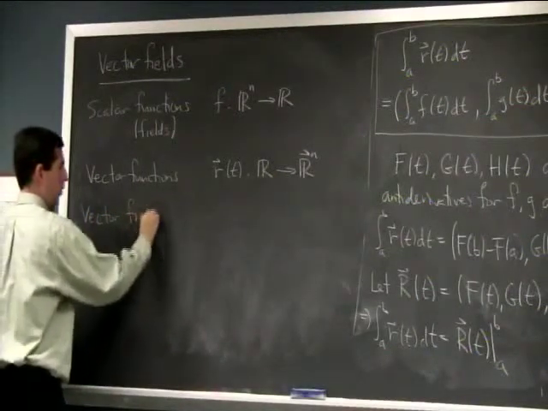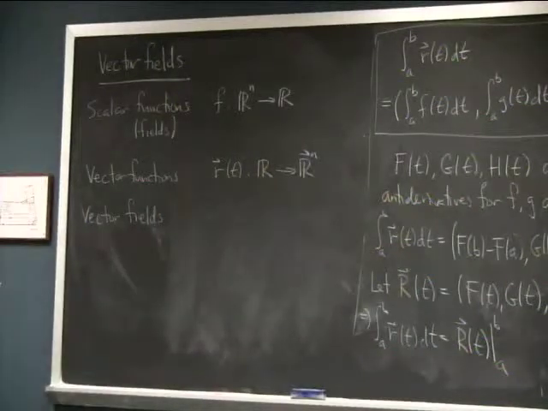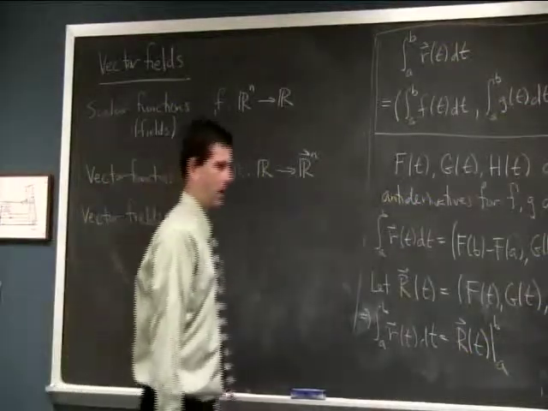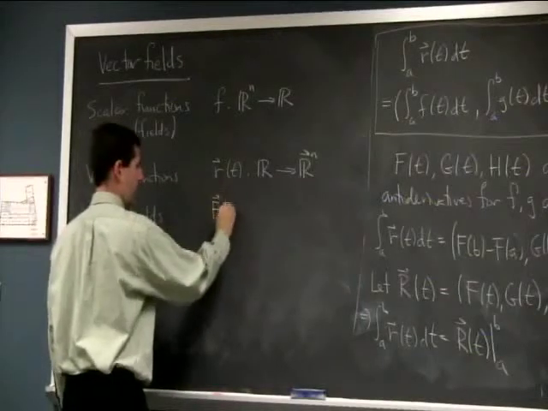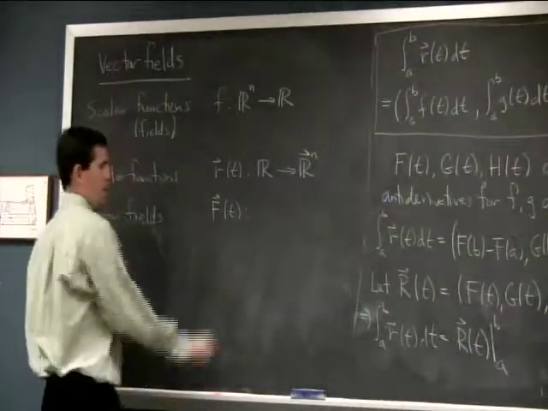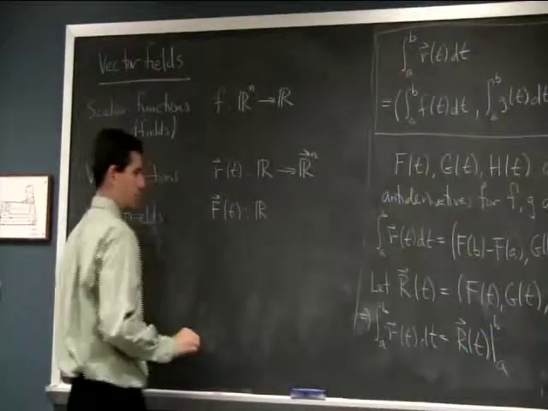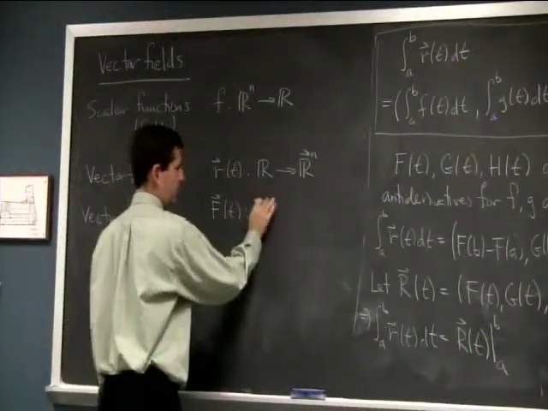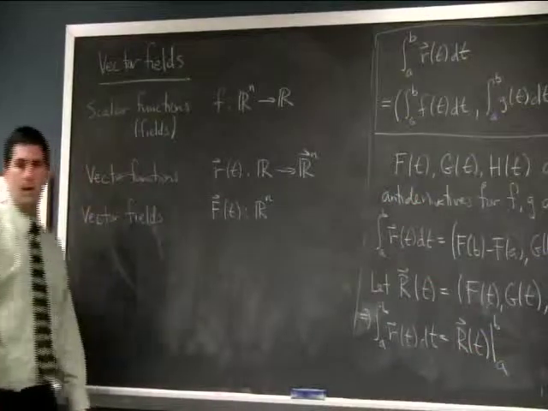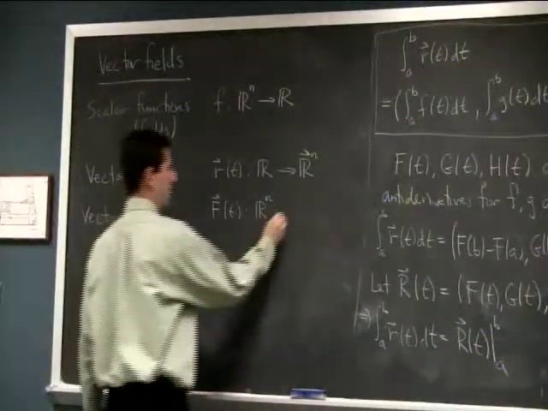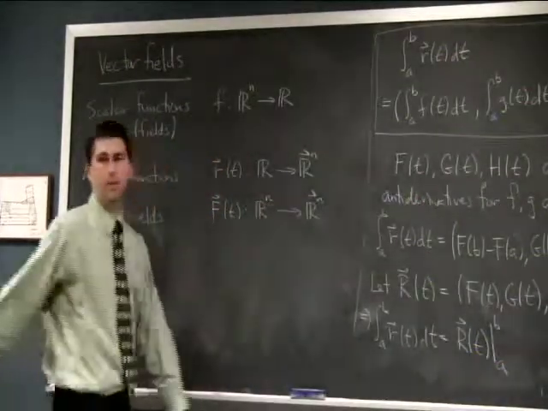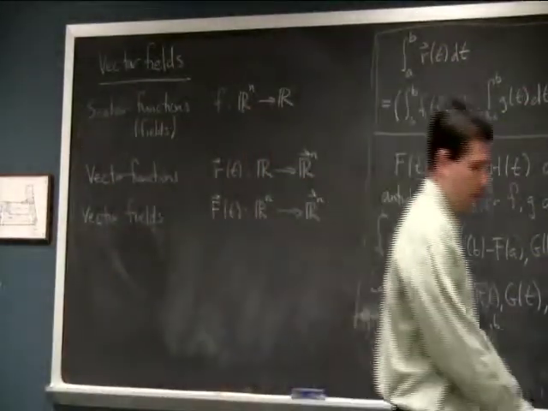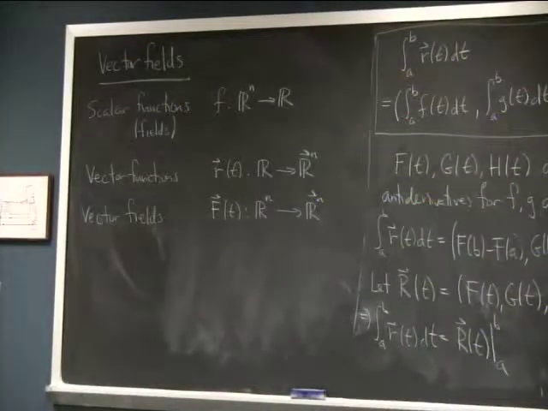For the purposes of this course, I'm going to restrict the definition and just say a vector field, which I use a capital F for, is going to eat a real point in Rn, and it's going to spit out a vector in Rn. So I'm going to keep n the same in both of these. For all of our purposes, this is just exactly what we need.